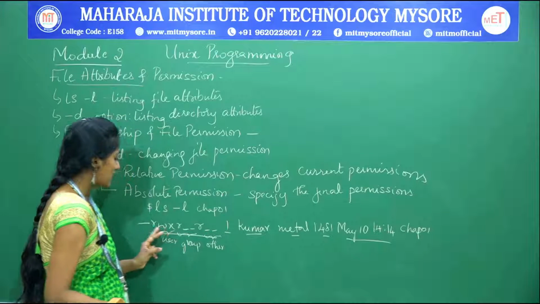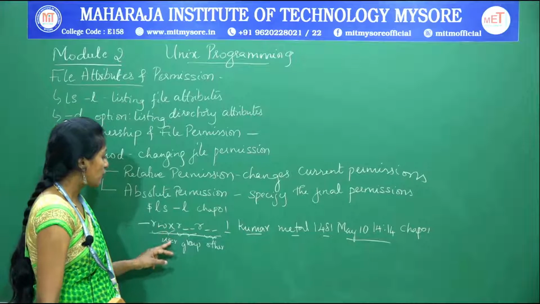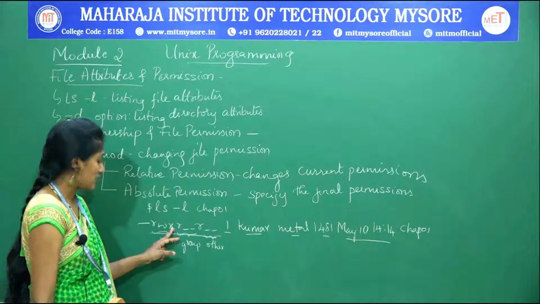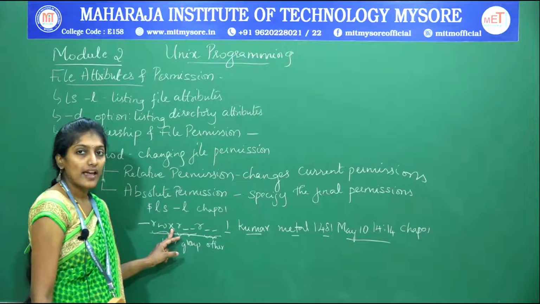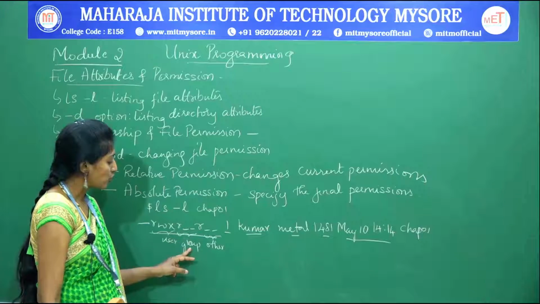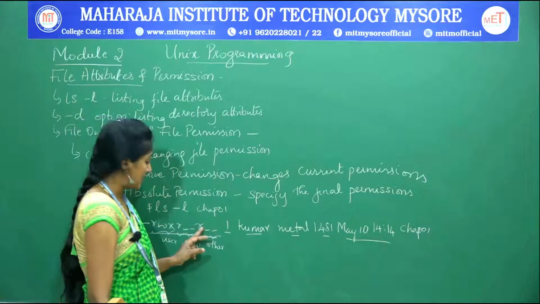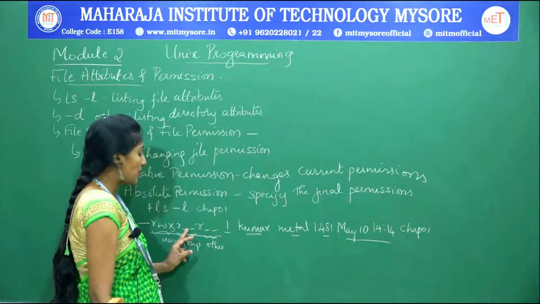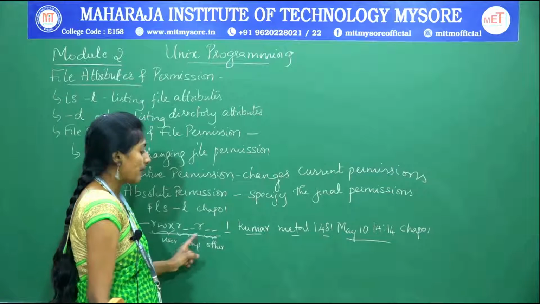For user, read, write and execute permission is there. R represents read, W represents write, X represents execute. For group, only read permission has been assigned, and for others only read permission has been assigned, whereas the other 2 permissions, write and execute, have not been assigned for group and others.